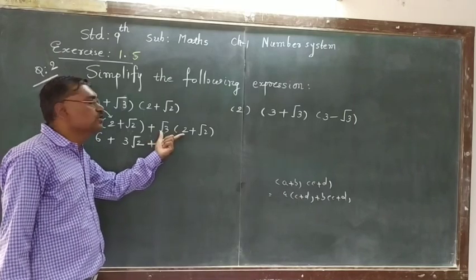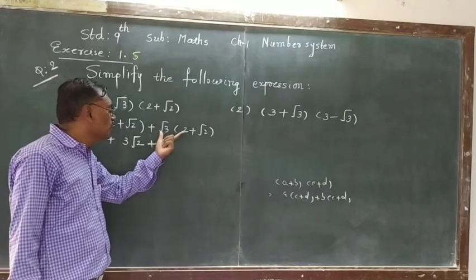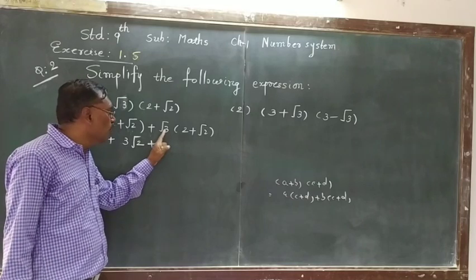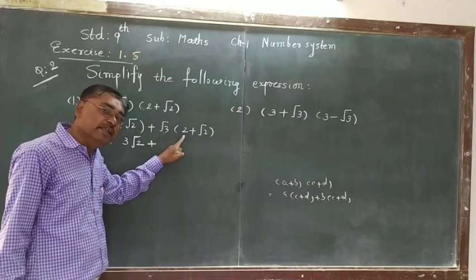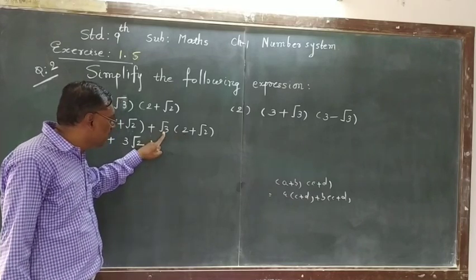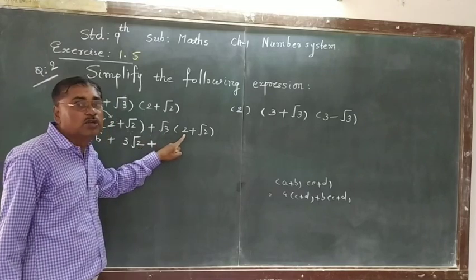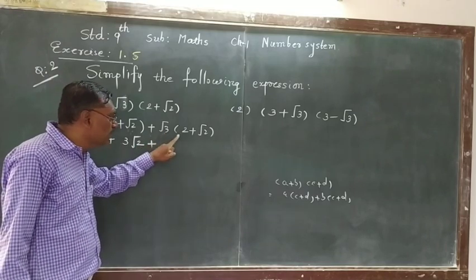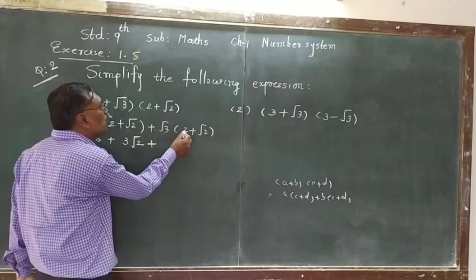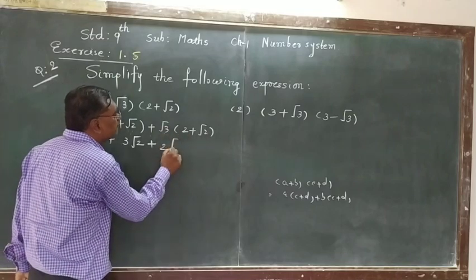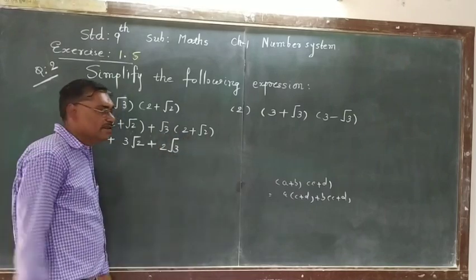Some say root 6. It is wrong, because we can multiply only when both numbers are roots. But here one number is a root and the other is not a root. So its multiplication will be 2 root 3, plus.